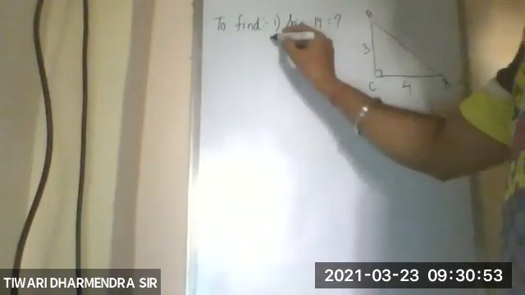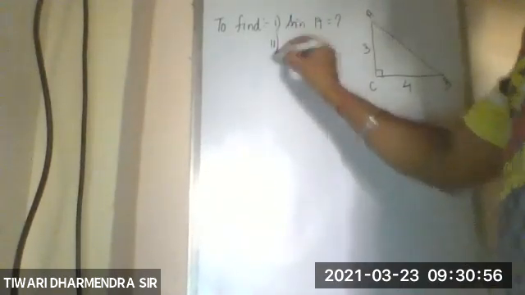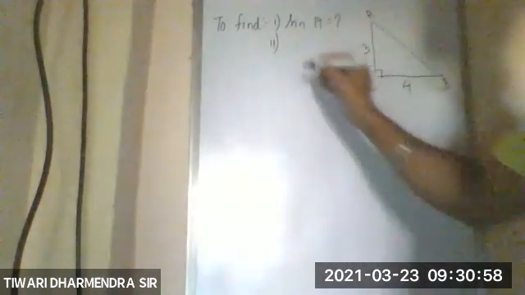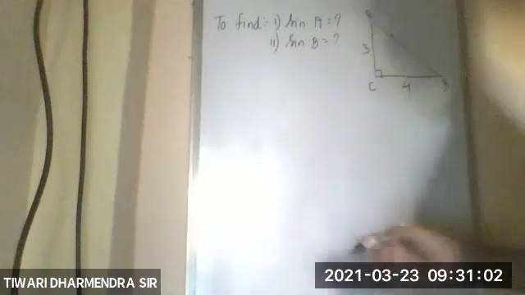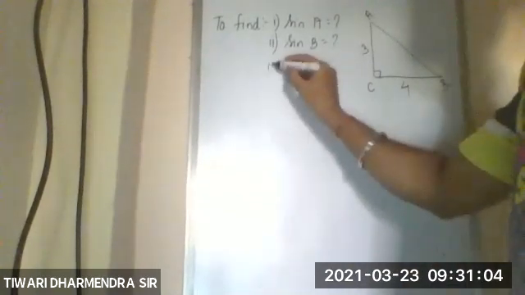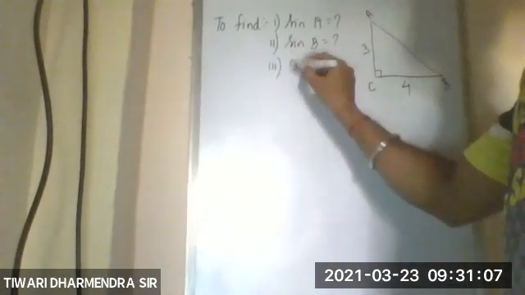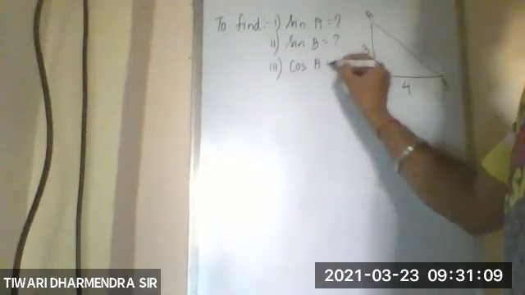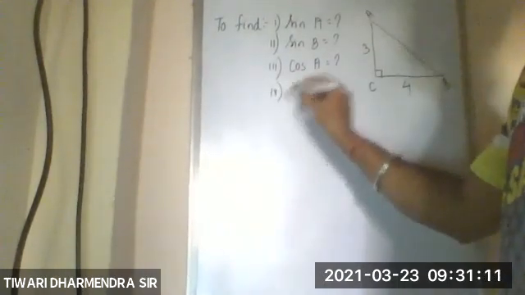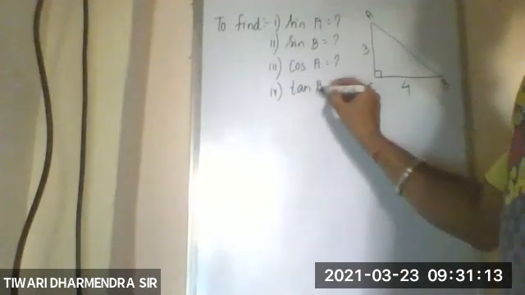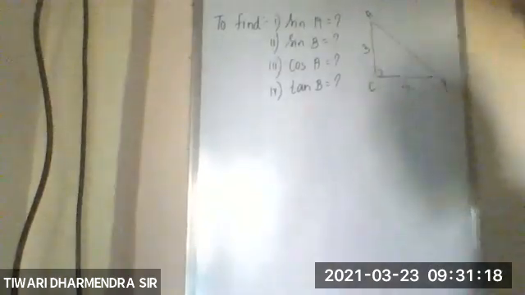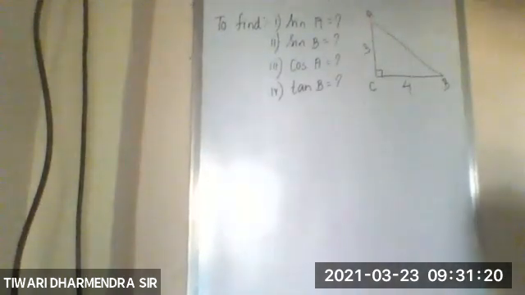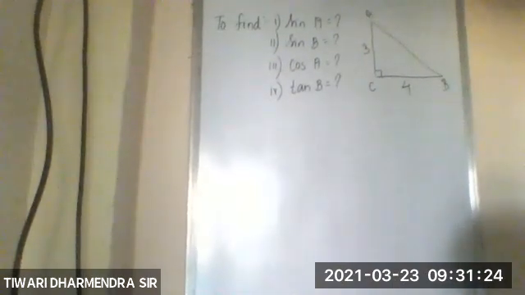sine of A, second, sine of B, cos of A, and last is tan of B. In order to find this, we should know all the sides first.